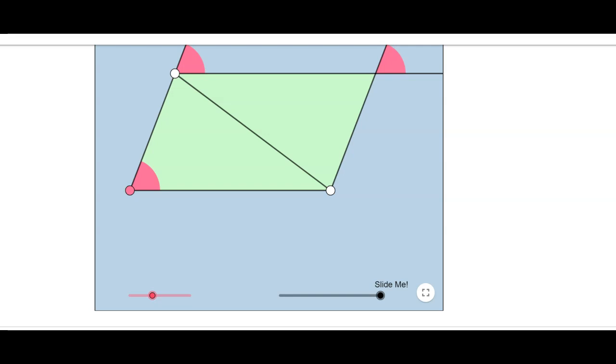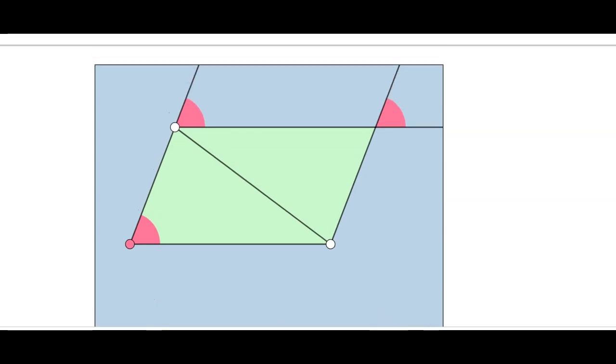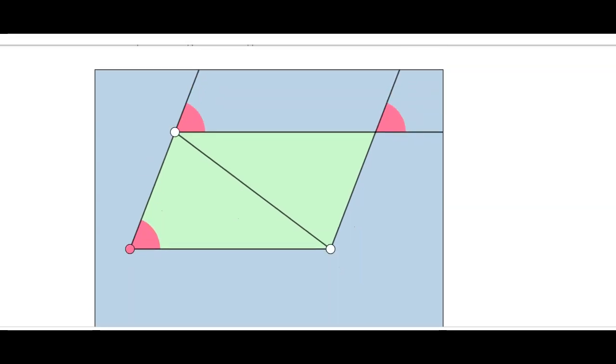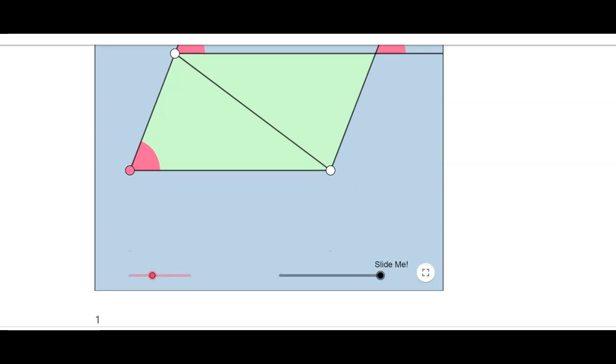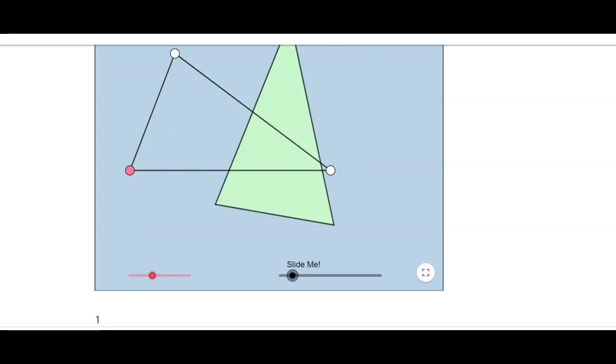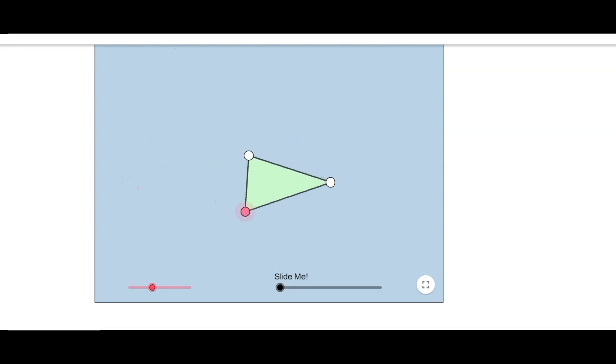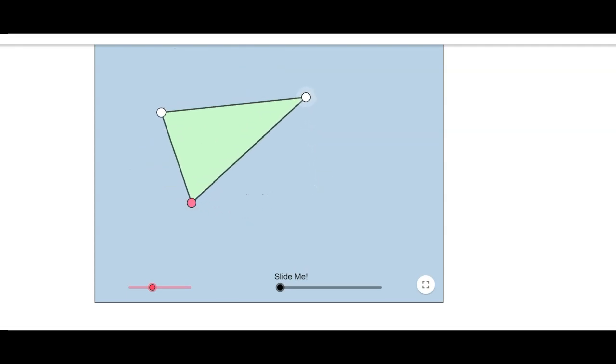That's all that you see with those pink angles there, just to show that a parallelogram is formed. Now remember, we just said that the area of a parallelogram is just the base times the height. So it's like you're taking the area of a parallelogram and cutting it in half. And this is set up so that you can make almost any triangle you can think of by dragging the corners around. Then you can slide it and make another parallelogram whenever you need to.